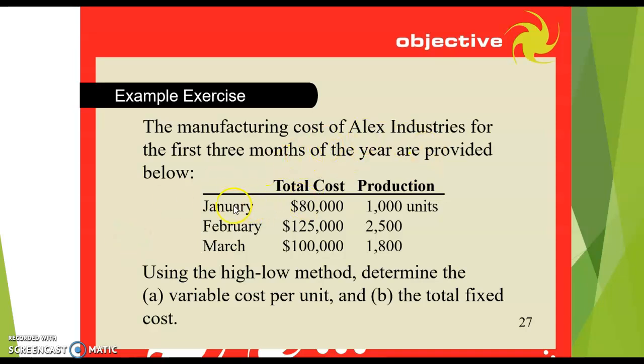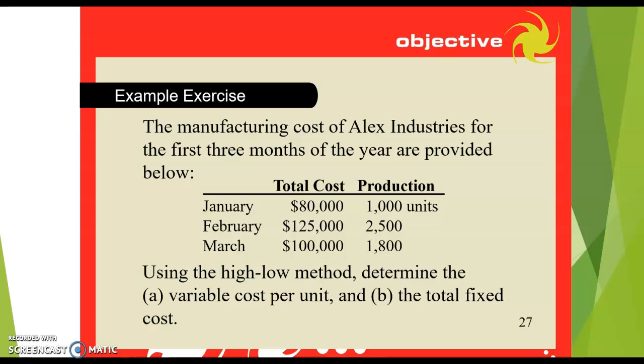Okay, Alex Industries, here they're just showing us 3 months. The more months you have, the more accurate your answer is going to be. So with just 3 months, this is going to be really not accurate. Here they switched the columns. Now the total cost is in the first column and the production number of units is in the second column. But it doesn't matter.